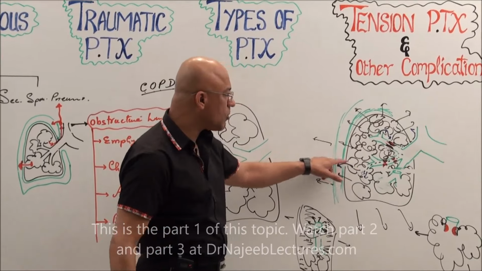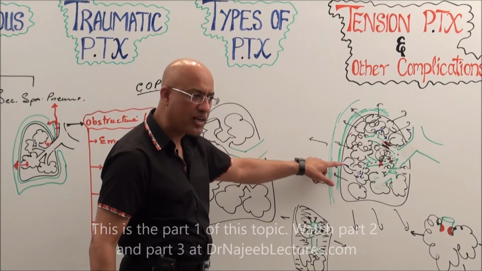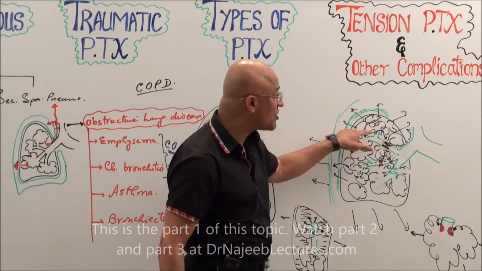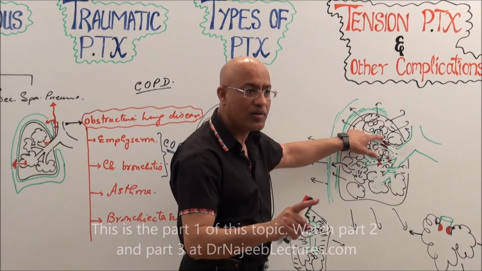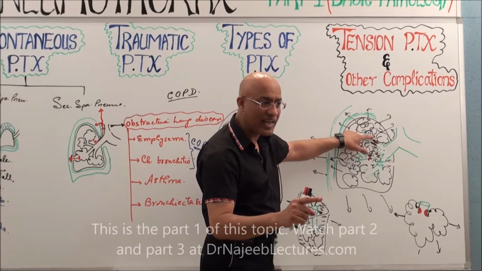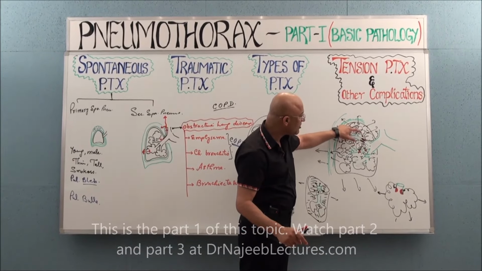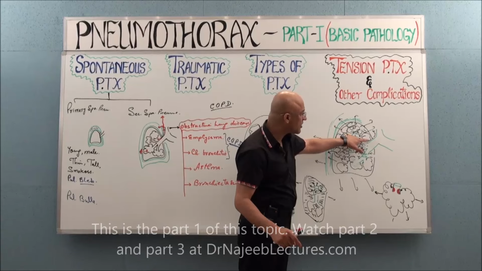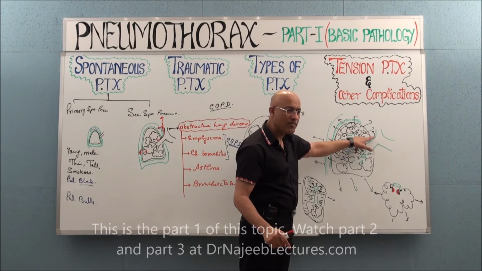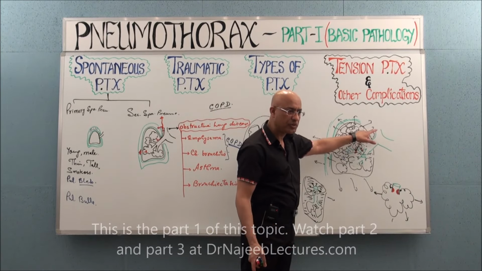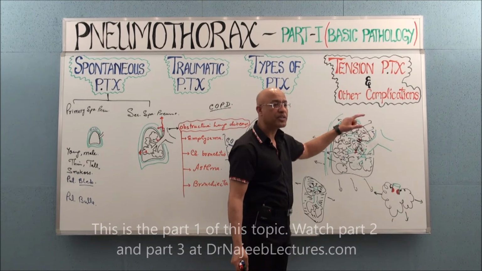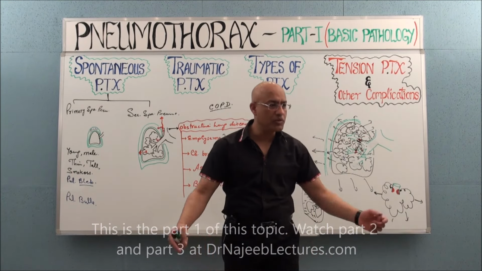So either there is subpleural leakage of air from the alveolar spaces, or there is interstitial leakage of alveolar air. Then the interstitial area is dissected by the air, and this dissection may move proximally towards the mediastinum, as I mentioned previously, and eventually it may rupture the pleura and produce pneumothorax.